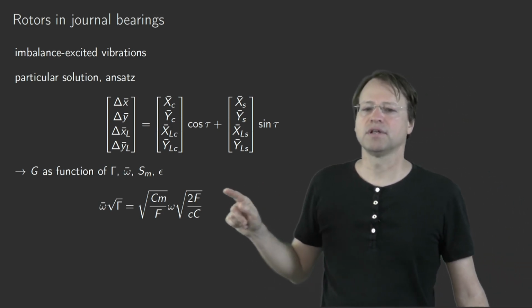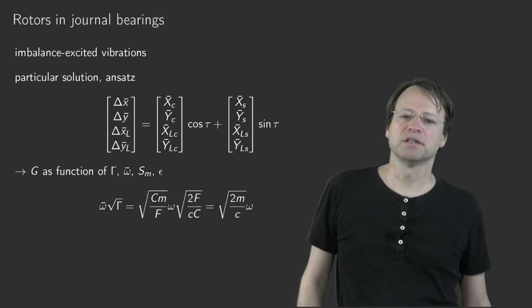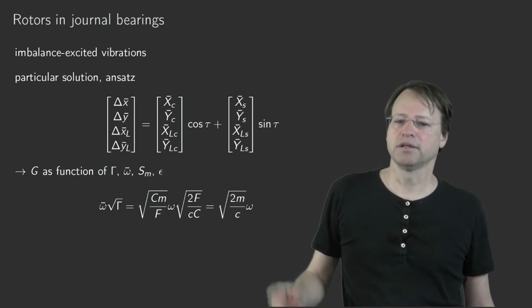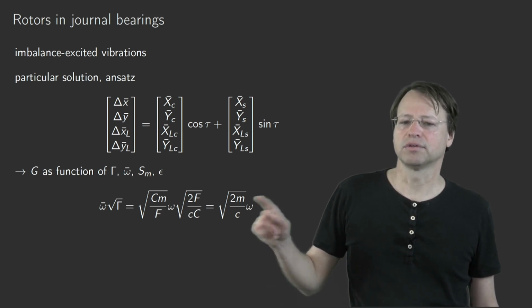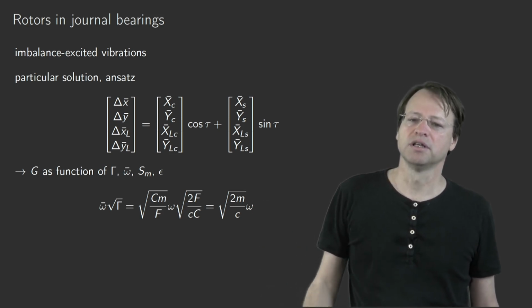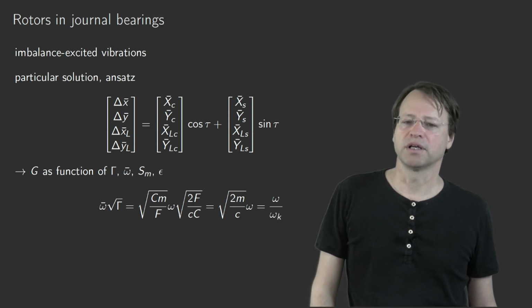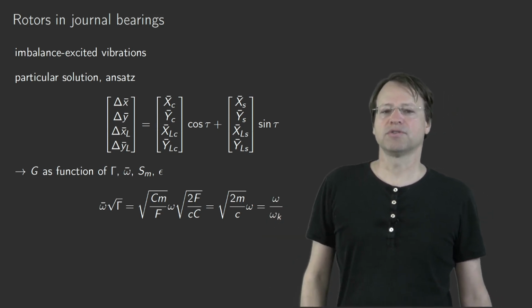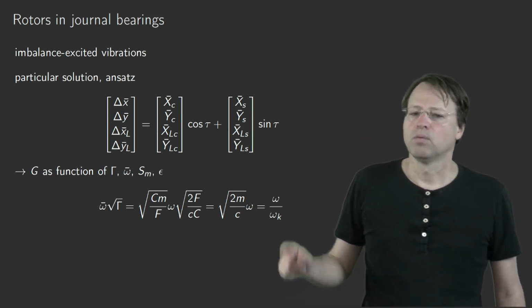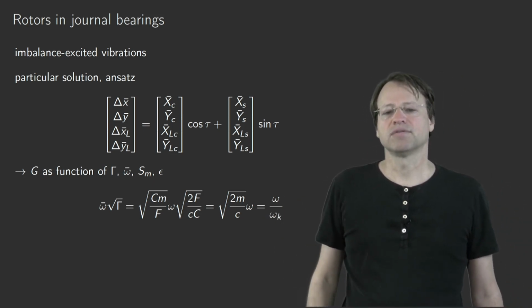So therefore we have here the ratio of omega divided by omega k, so it's still square root 2m divided by c, and for square root 2m divided by c, we have 1 divided by omega k, which is what we call the critical speed for a Jeffcott rotor, and what would be the natural frequency of that Jeffcott rotor.